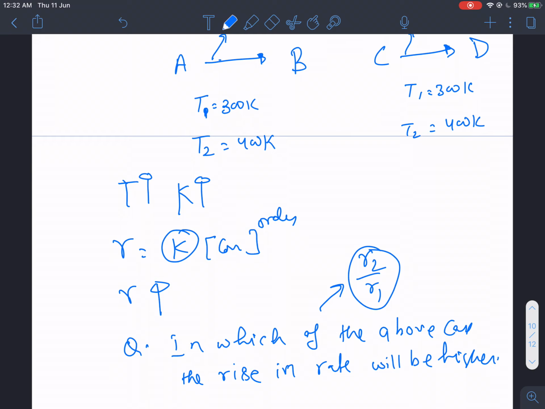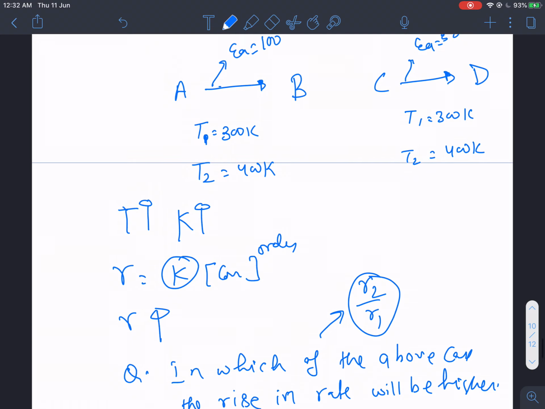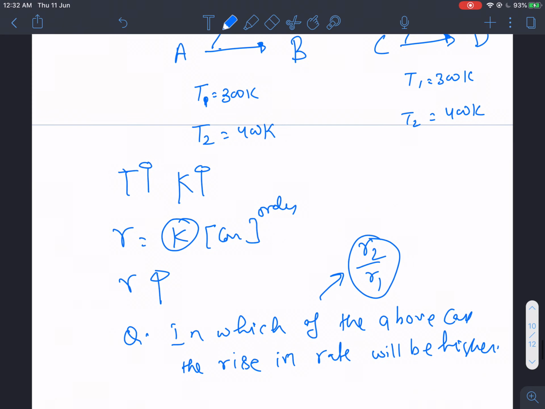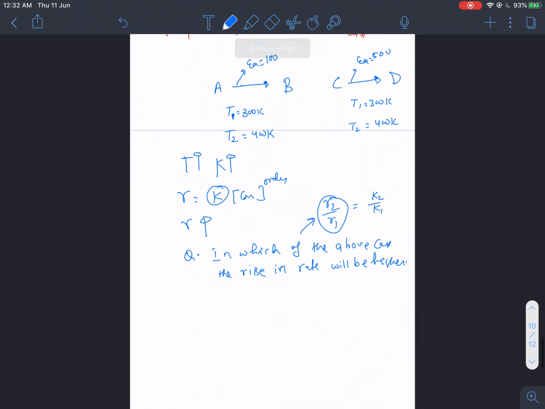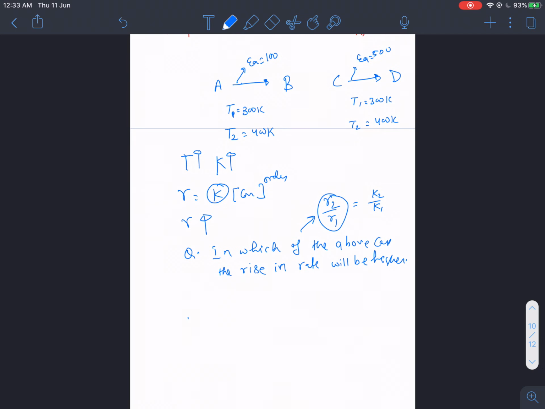Now as you can see, if we are not changing the concentration and we are changing only the activation energy, then R2 by R1 will be nothing but the ratio of k2 by k1. Now let us talk about k2 by k1.